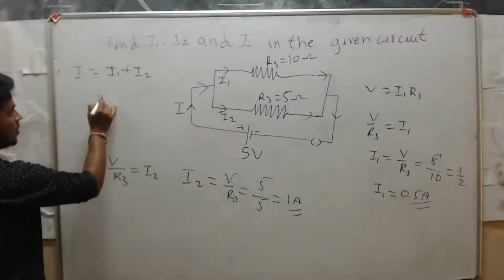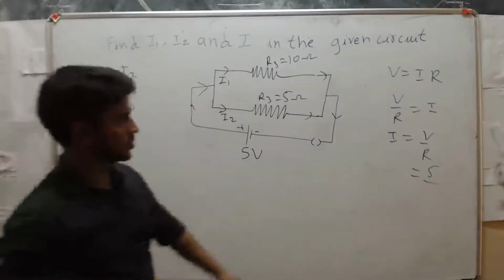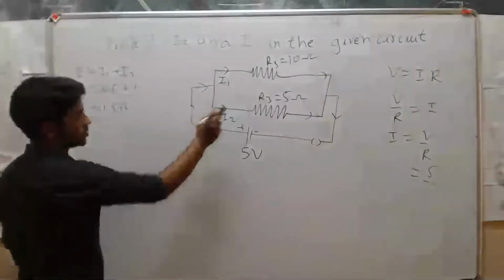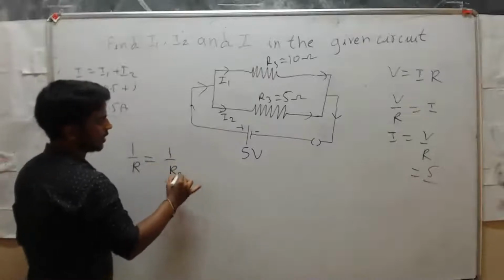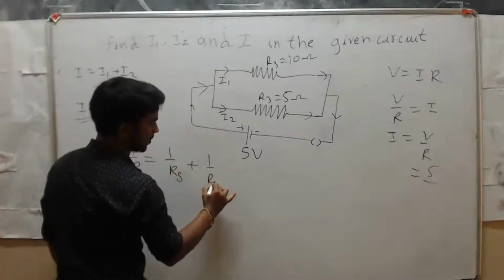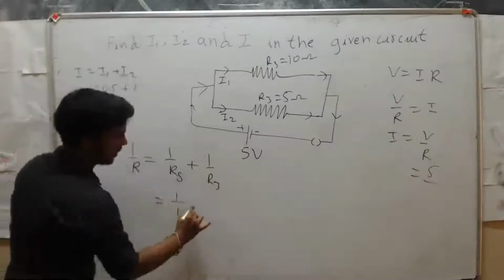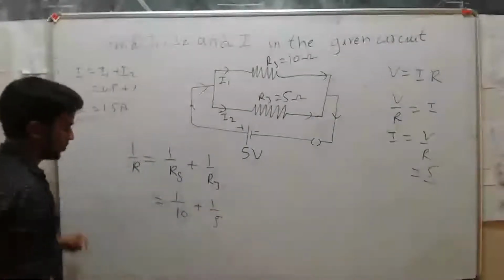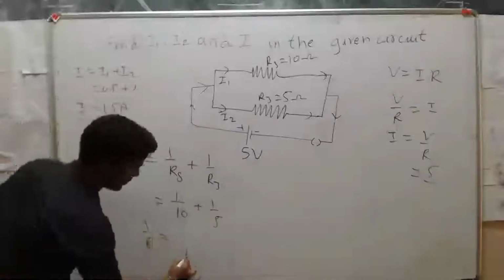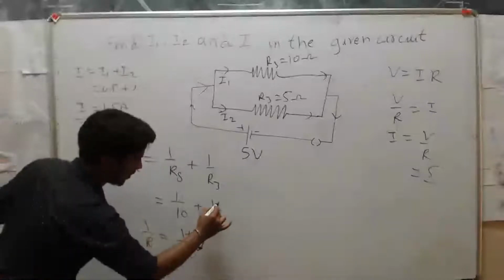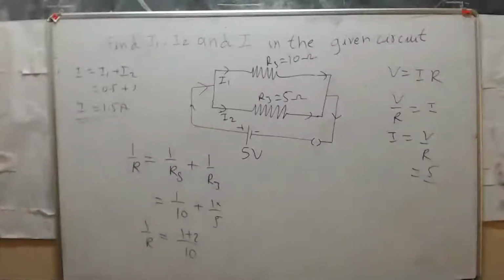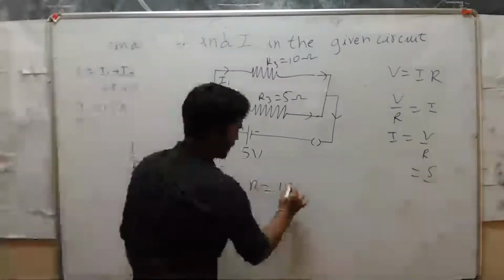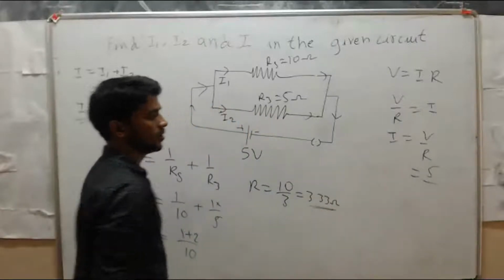Now first calculate the R value. Now these two are in parallel, so 1 by R is equal to 1 by RS plus 1 by R3, that is 1 divided by 10 plus 1 divided by 5. The LCM is 10, so 1 by R is equal to 1 plus 2 over 10, that is 3 over 10. So R is equal to 10 divided by 3 ohm, that is 3.33.